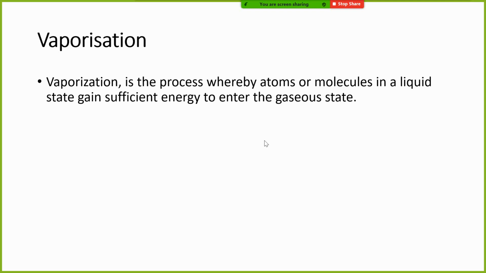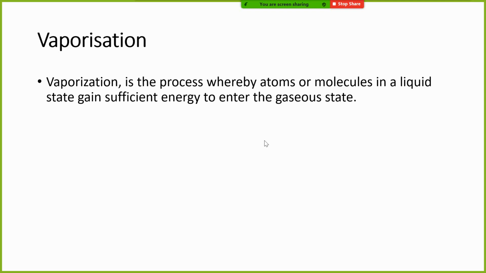Now, vaporization is linked to evaporation, right? But you also have to understand that boiling is also linked to vaporization. Two things can cause vaporization: evaporation and boiling. Further down in the lesson, we're going to look at what boiling is and what evaporation is.